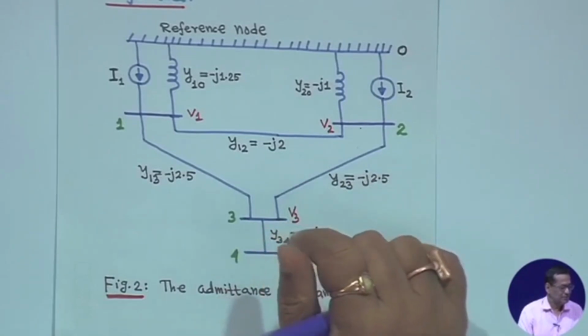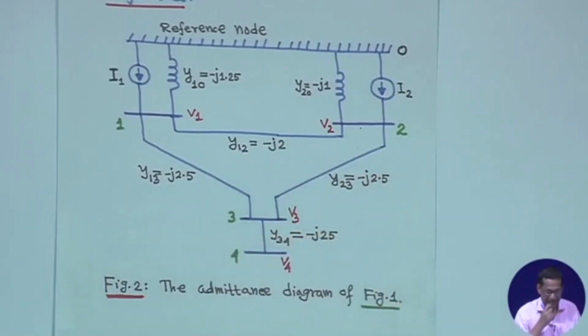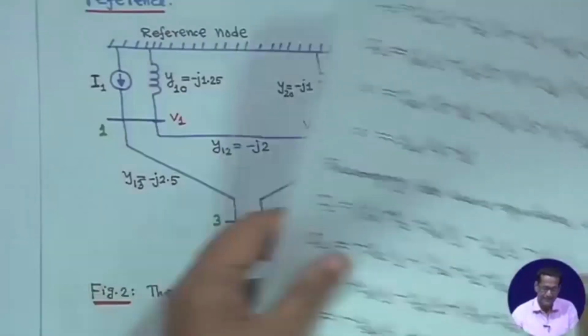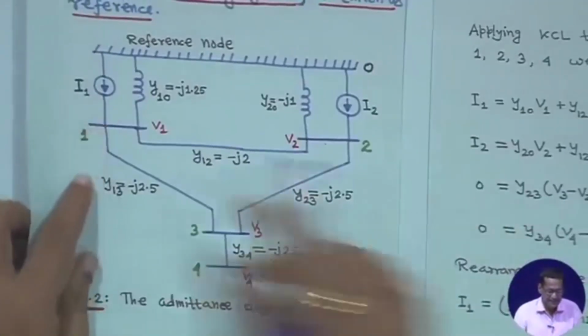Next, you have to apply KCL to the independent nodes 1, 2, 3, 4. Look, current I1 is injected here.